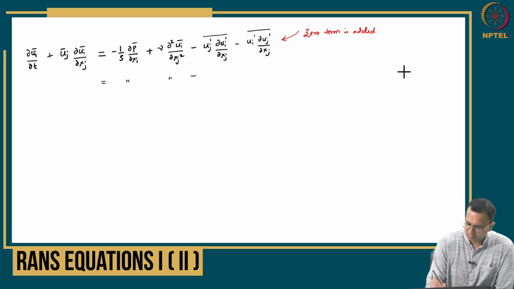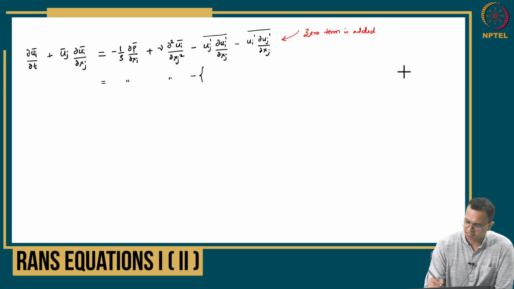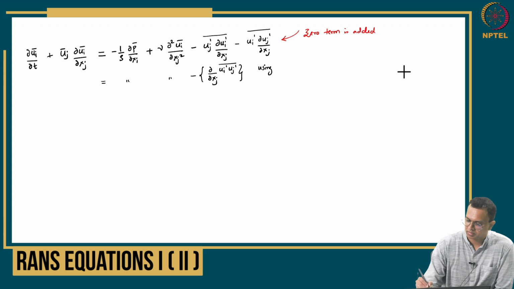This is minus of, if I use chain rule for products here, I can push the fluctuation inside the differential operator, right. So I can write this as simply dou by dou xj of ui prime uj prime average, okay, using chain rule or product rule.